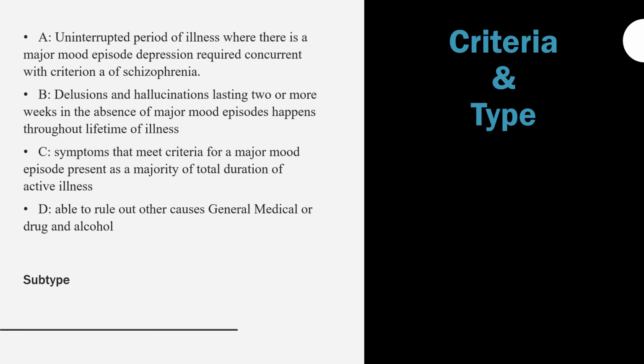That you can add those. They can be identified as part of a specifier. Also, you can add into a severity category of subtype. And so for that, you're going to want to look in DSM and find their breakdown of severity. I'm not going to go into that for this video.